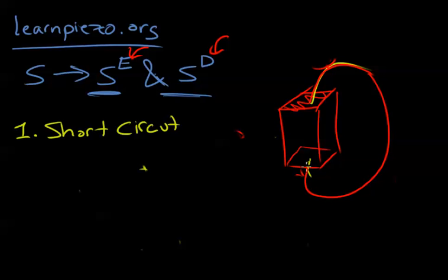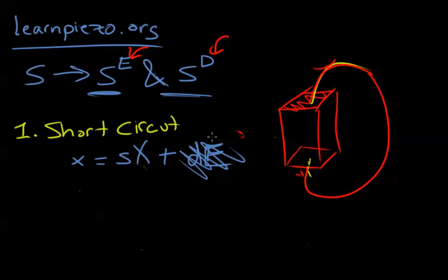So we have this stress, we connect the two sides, and we apply stress to the material. Then basically what happens is that the strain is equal to S times the stress, plus d times E. So in this case, the electric field is 0, so we can cancel out that term.